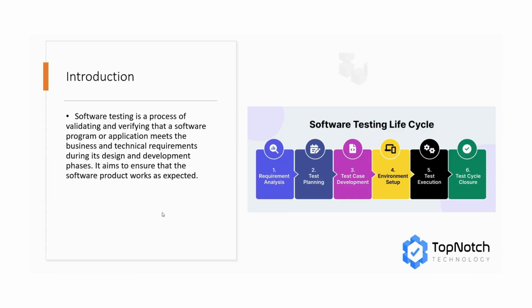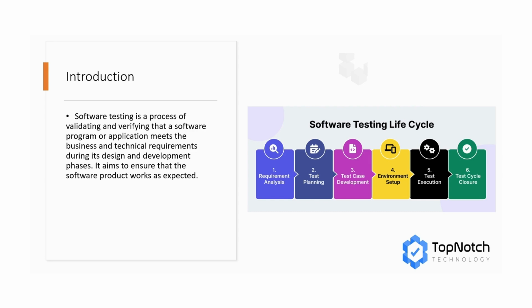Okay, as we all know, software testing is an important stage in the software development life cycle. But just like we have a software development life cycle, we also have a software testing life cycle.